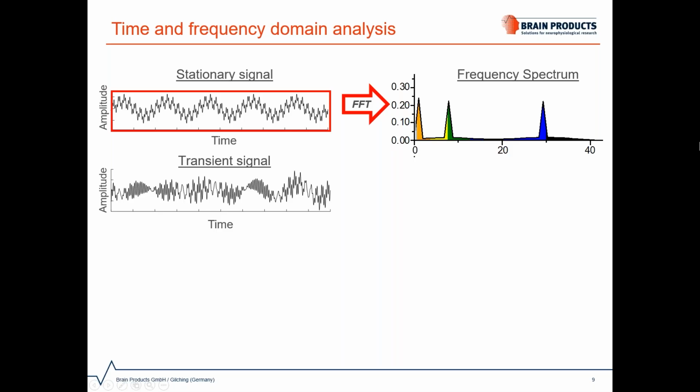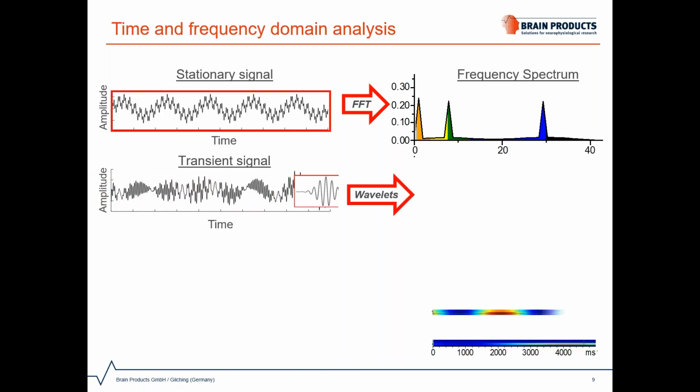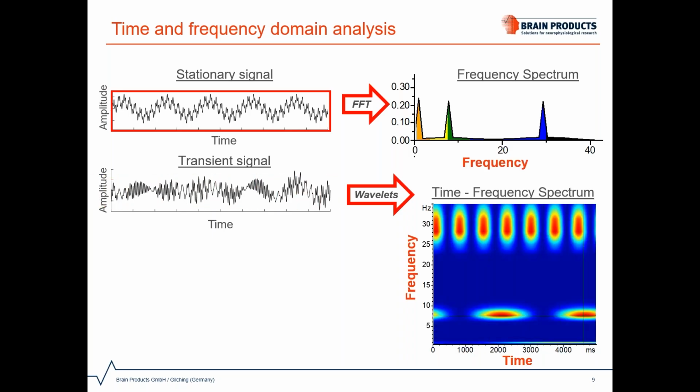However, oscillations in the EEG are often not stationary and change over time, as these transient signals. To get a better insight into the temporal evolution of the oscillations, we can use the wavelet transformation. It can estimate the spectral content for different frequencies, but also for every time point that is captured in the signal.